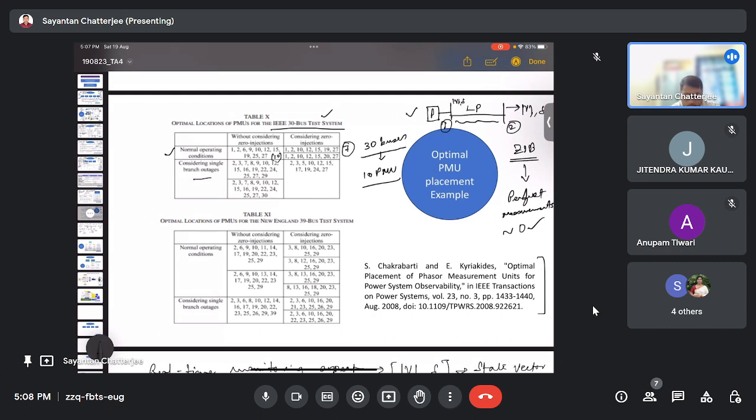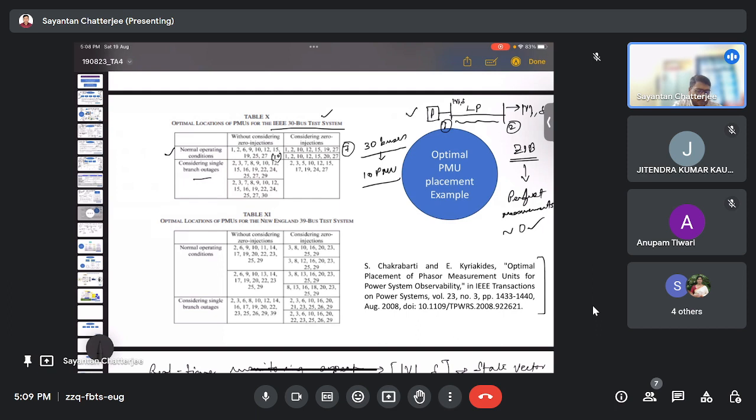The outcome of this optimization problem would be based on the system topology, because suppose an outage occurs at a bus which is connected to a large number of buses.